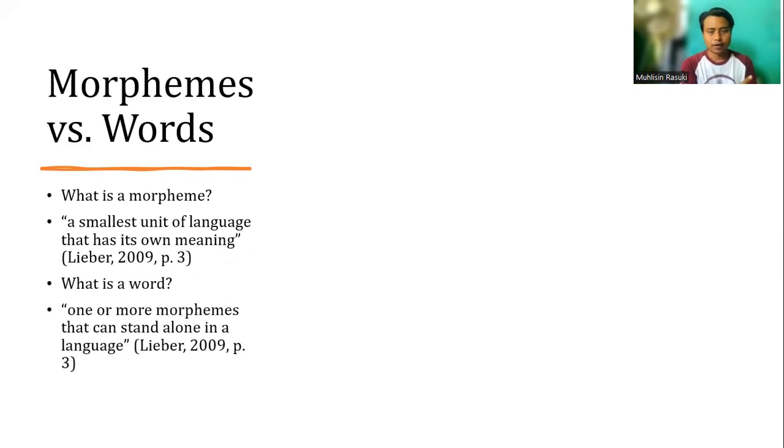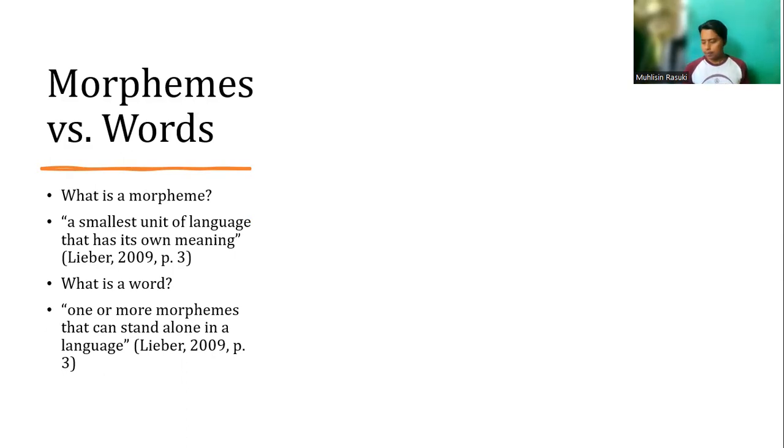I provide the definitions of the two taken from Lieber 2009. Lieber says that a morpheme is the smallest unit of language that has its own meaning. And a word is defined as one or more morphemes that can stand alone in a language.